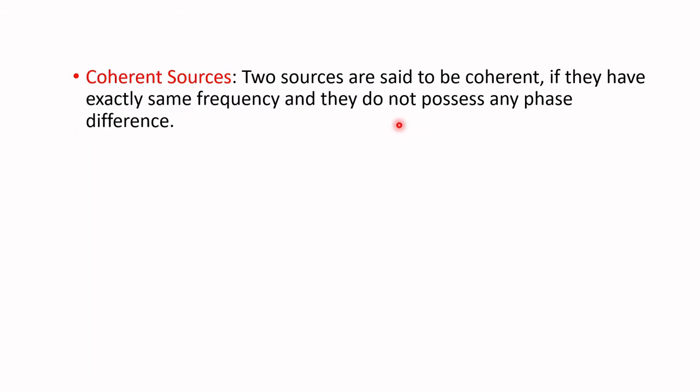Getting a coherent source is a very rare chance, and even if you select thousands of identical sources, it is very unlikely. So both conditions are required: the frequency should be exactly the same as well as the phase, so that coherency is obeyed. And only coherent sources can produce interference.